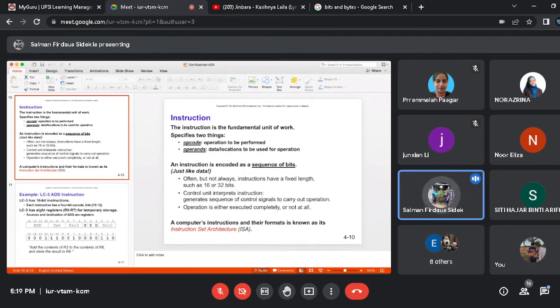Actually, we have one table. This table will be given in the exam. So don't worry, sebab we won't ask you to understand or memorize the architecture of the instruction. I will give you the table, and your task is just to understand the table and how to use the table. Sekejap.